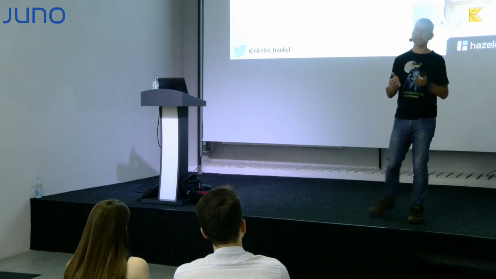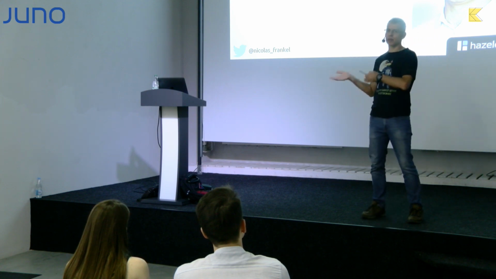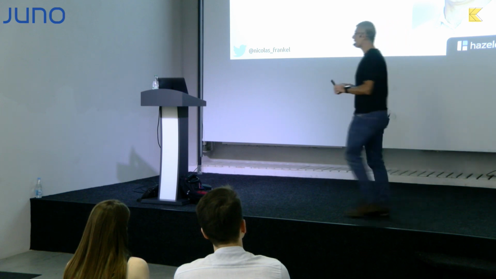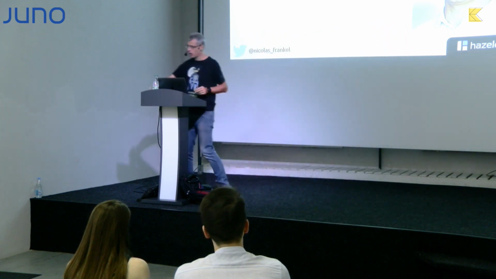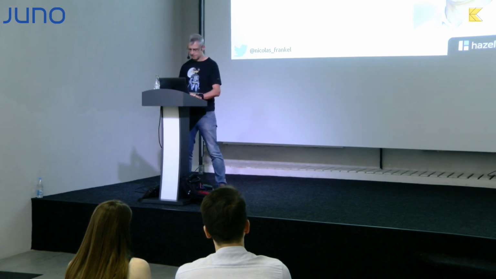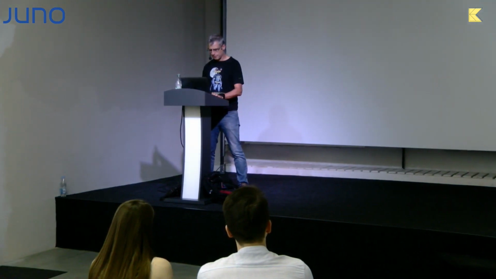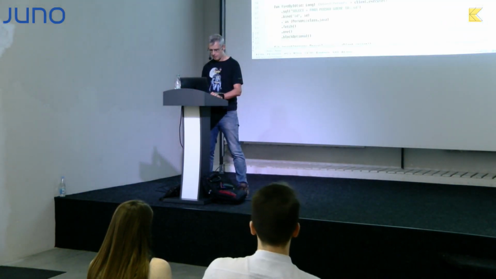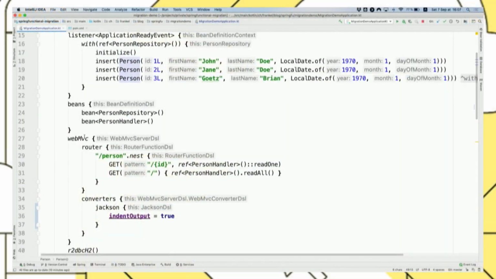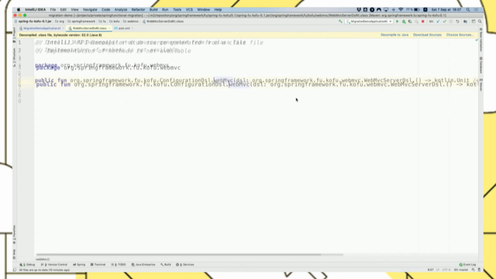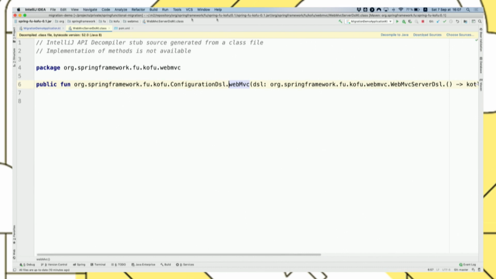There is one advantage of DSL over annotations: if you have a DSL and you don't know what the stuff does, if you don't know what web MVC does, then you can click, download the source, and check. So you can read it.